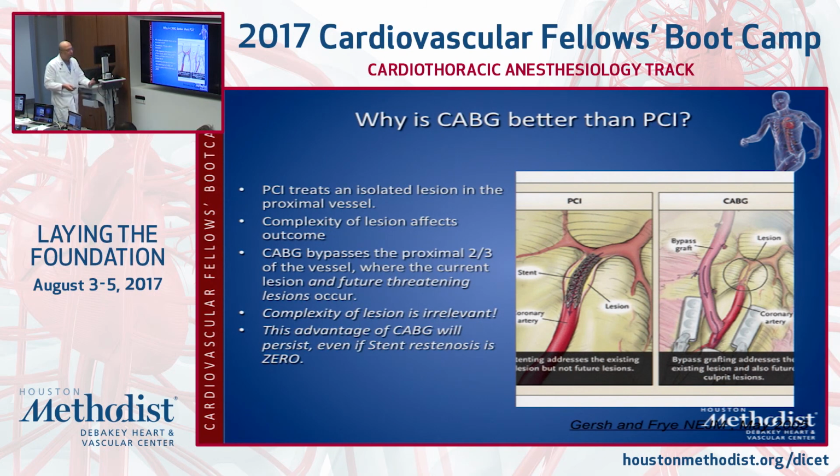And that's why I think, and most people feel this way, that even though there's a significant difference between the Taxus stent and the Xience stent of today, you're looking at a 3, 4, 5% difference in restenosis, which is not going to impact this outcome.